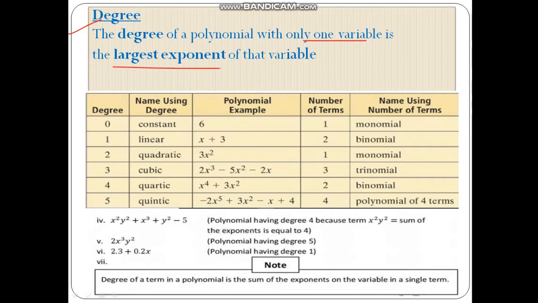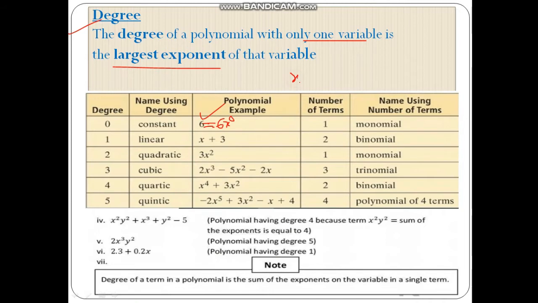In the first polynomial you have seen that it is just 6 over there, so it can be written as 6x raised to the power 0.